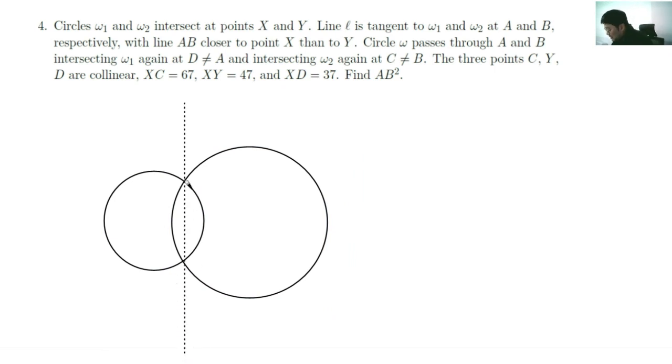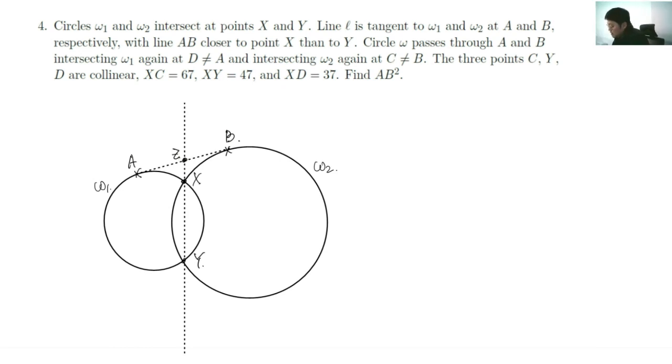So these are omega 1 and omega 2, and these are X and Y. There are tangents, so I gotta use some tangencies. There's some point A and some point B. Let's label this as Z because we need it.